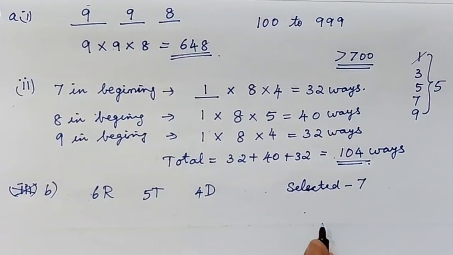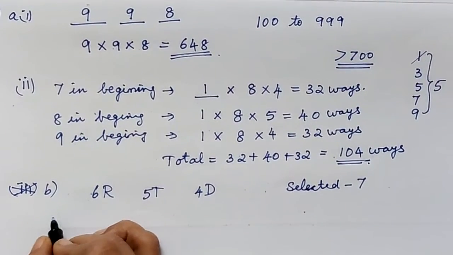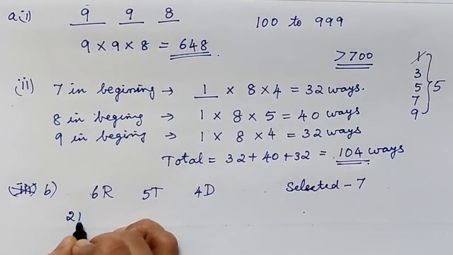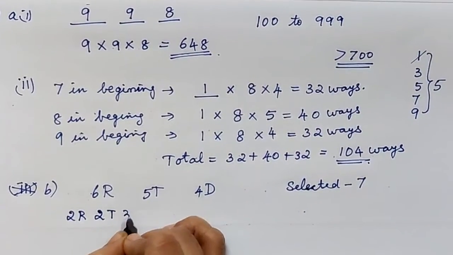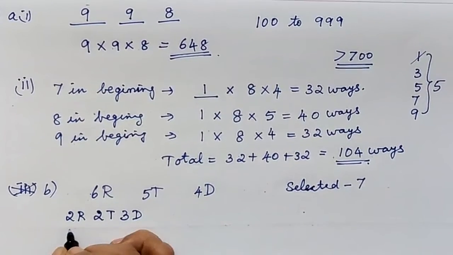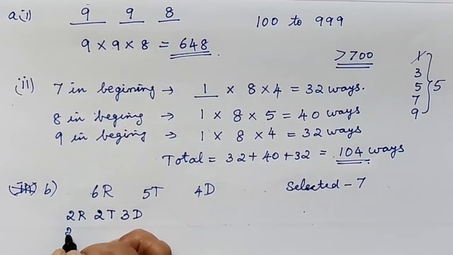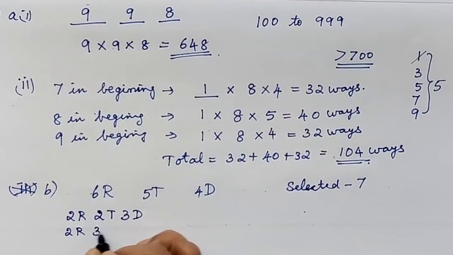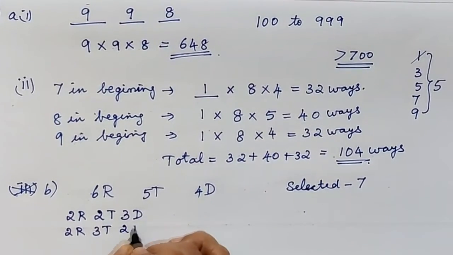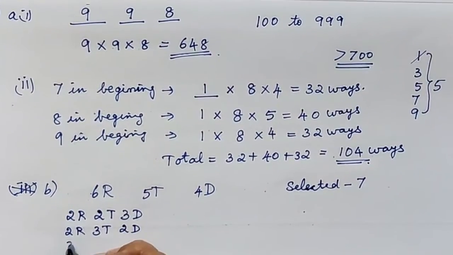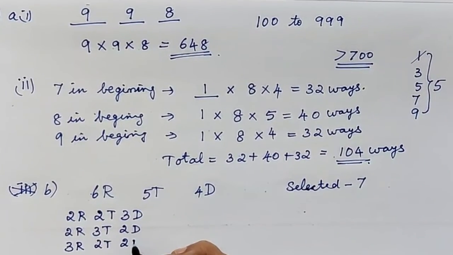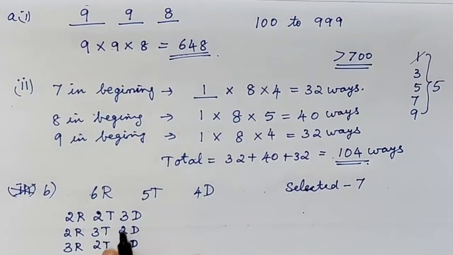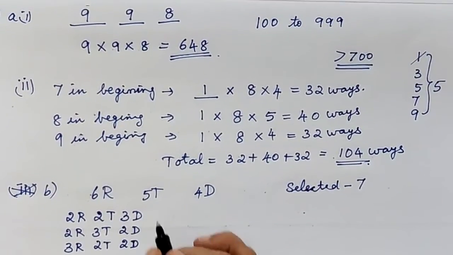So minimum of each flower has to be there. So it can be 2 roses, 2 tulips and 3 daffodils. Or it can be 2 roses, 3 tulips and 2 daffodils. Or 3 roses, 2 tulips and 2 daffodils. These are the only possibilities which we can have.